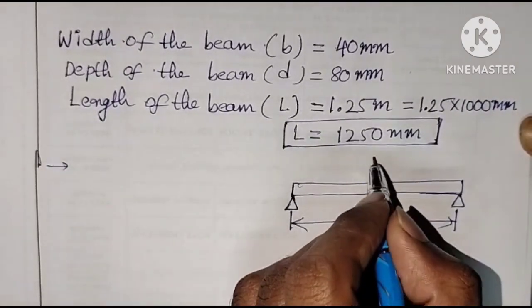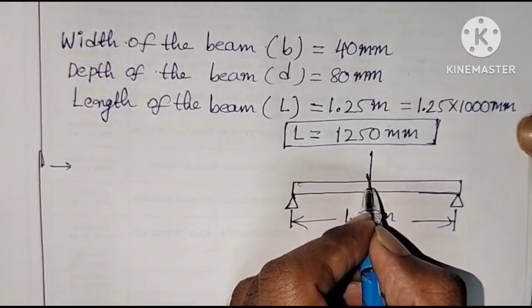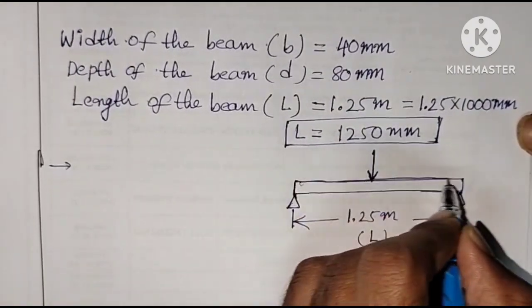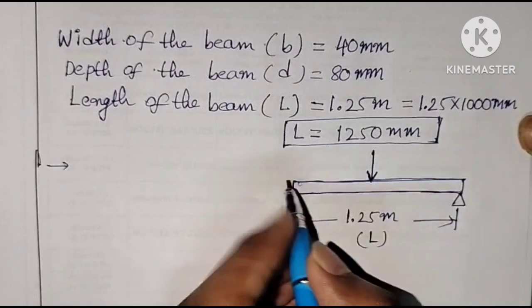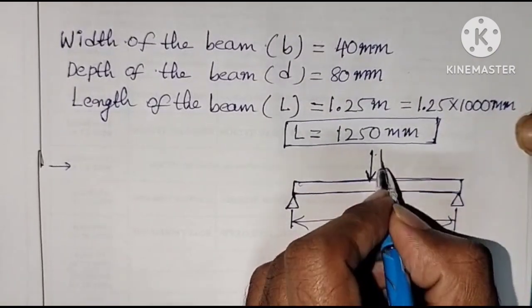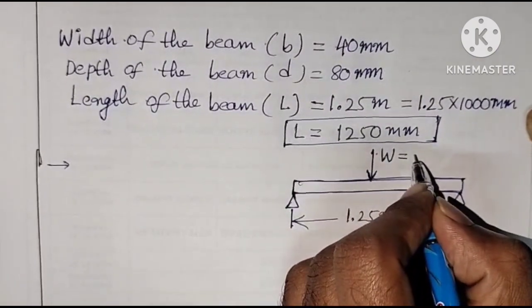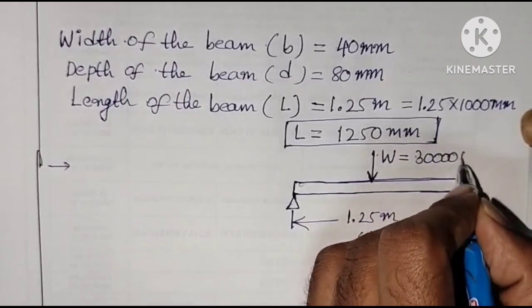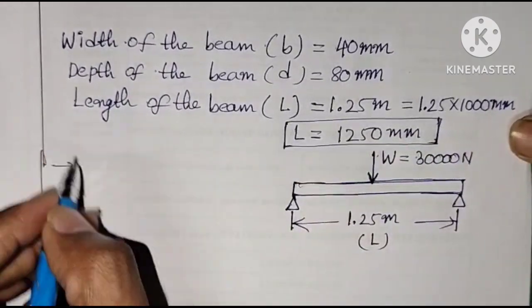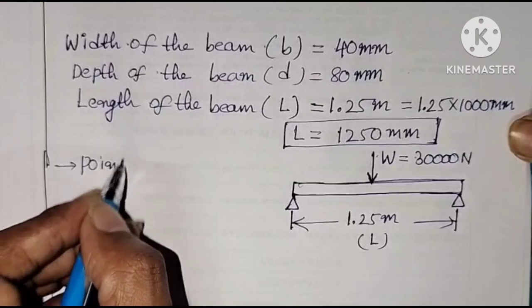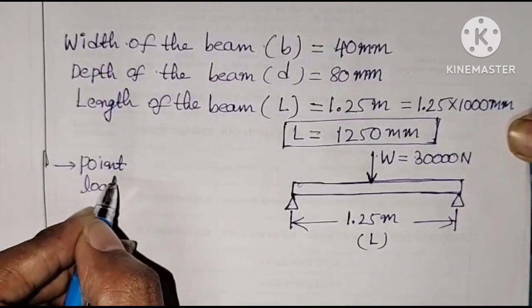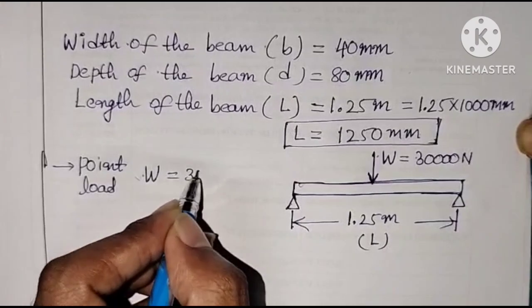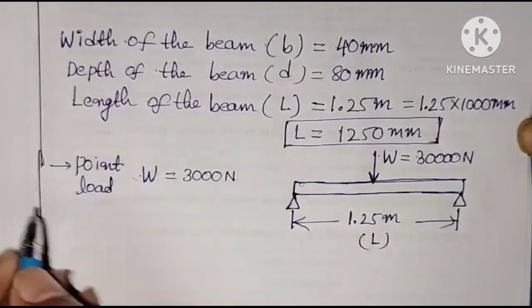Also given that this beam is subjected to a central load, meaning a point load at the center. That load W is 30,000 Newton, W equal to 30,000 Newton.